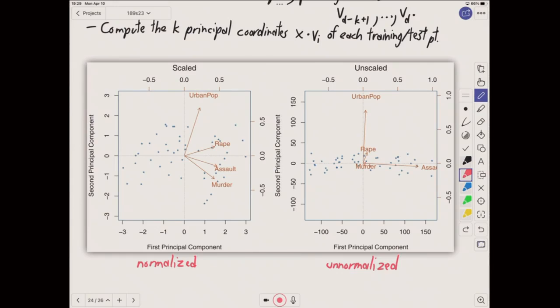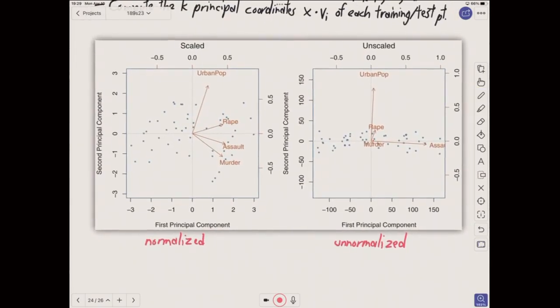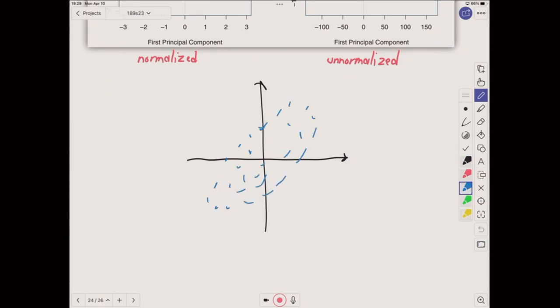No, when you normalize the data, it does not mean that all the singular values are 1. So the question is, why in the first figure don't those 4 arrows all have exactly the same length? Let's consider the following data set. This data is definitely not isotropic, but it is normalized because in the x direction, the variance is the same as in the y direction.